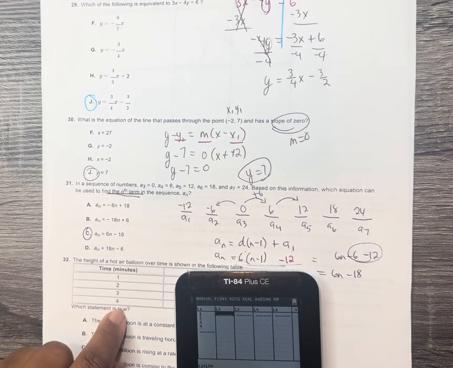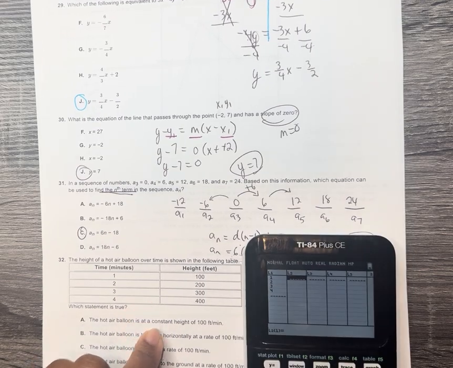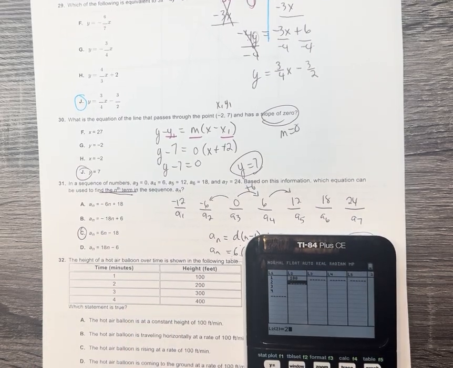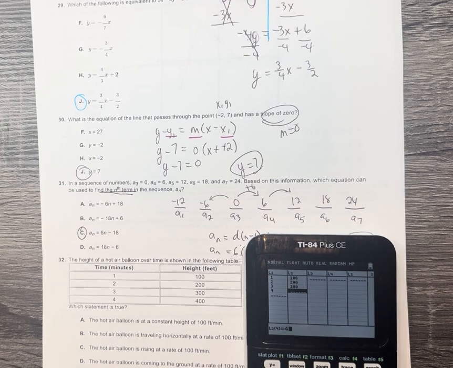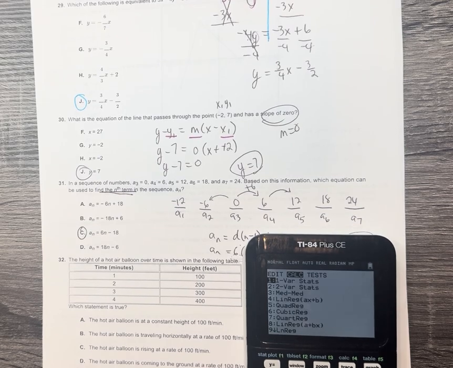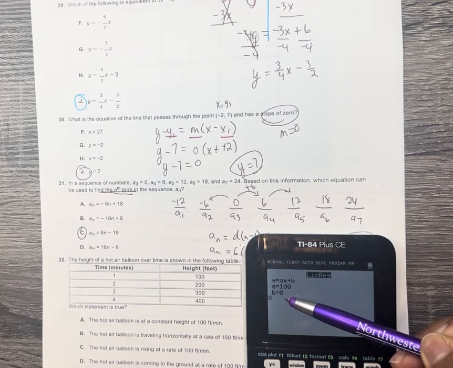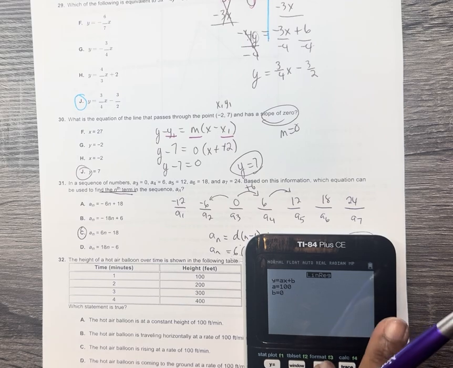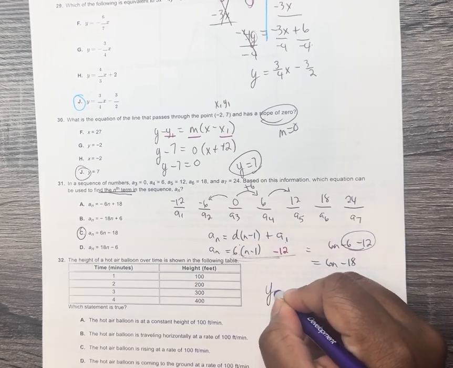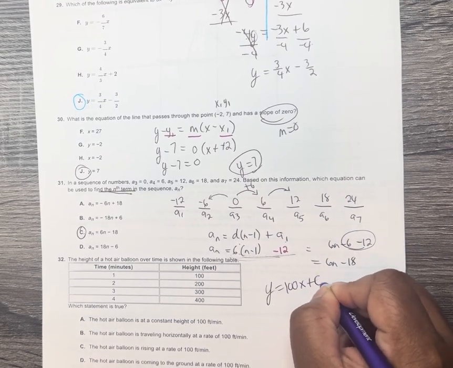All right, we put the minutes in L1, and we're going to put the height in L2. All right, stat calc 4. And we know our slope is 100 and our y-intercept is 0. So our equation is 100x plus 0.